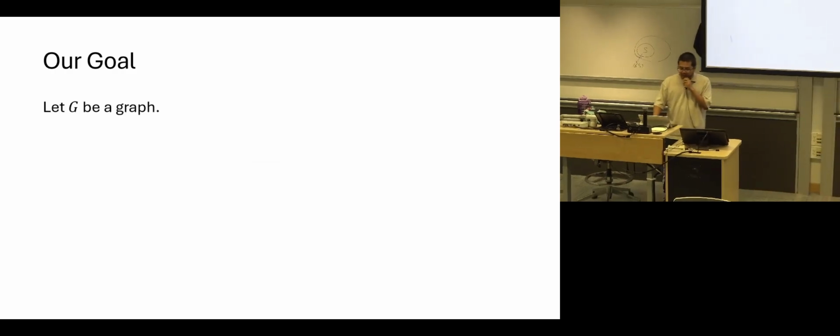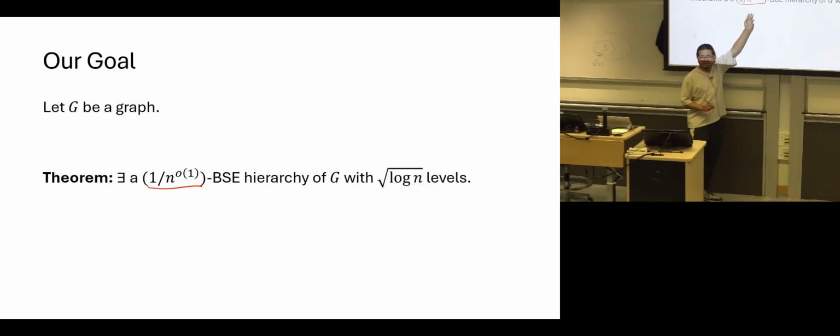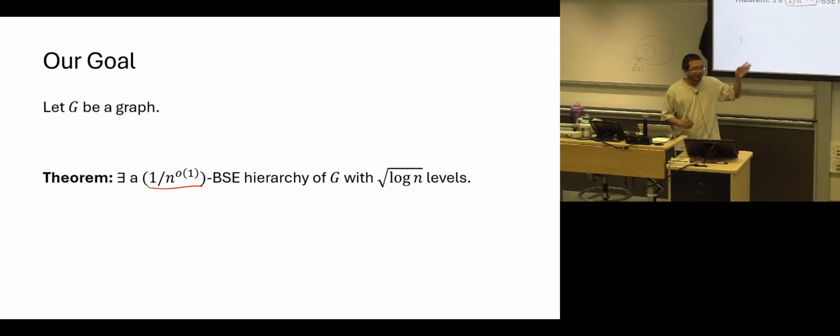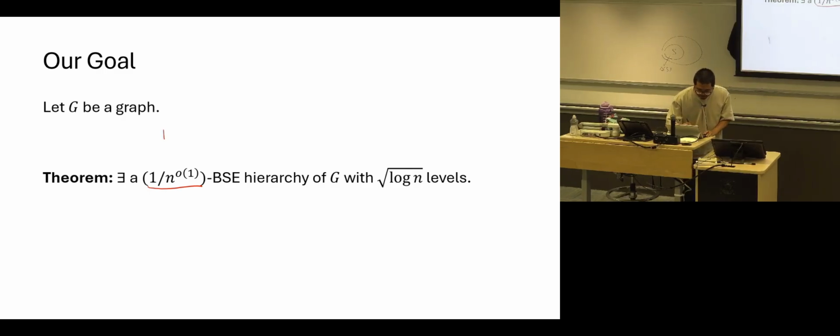Okay. So the goal today is that given any graph, I'm going to build this thing with phi equal to 1 over n to the little o(1). You will see exactly what n to the little o(1) is soon, but it's something that is worse than 1 over polylog.